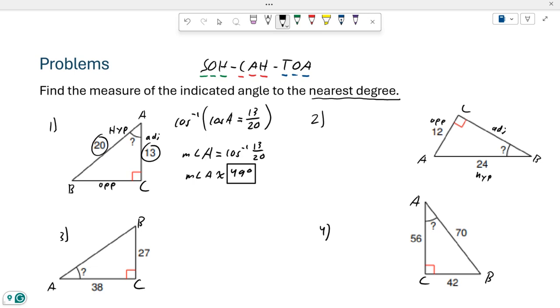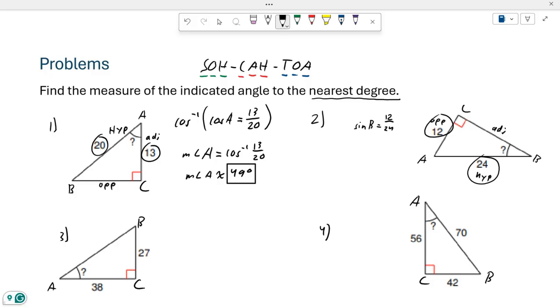I want to use the trig function that connects the two things that we are told, which is opposite and hypotenuse. And the trig function that deals with both opposite and hypotenuse is sine. So sine of my angle, which is B, is opposite, which is 12, over hypotenuse, which is 24.